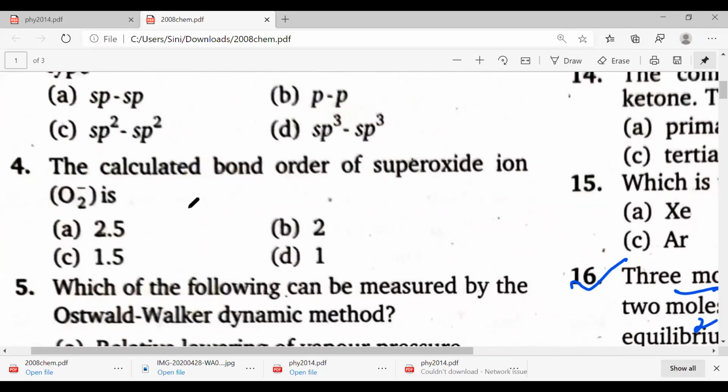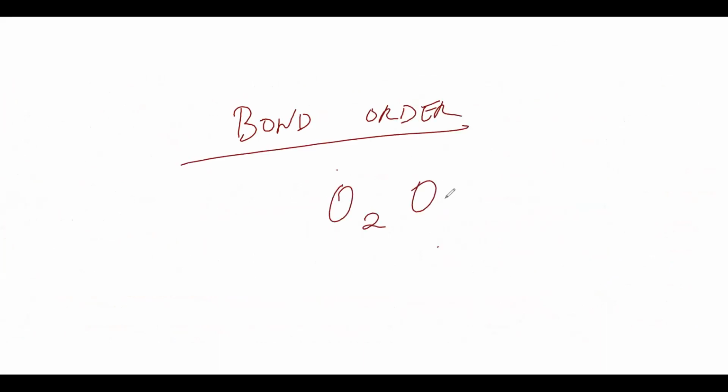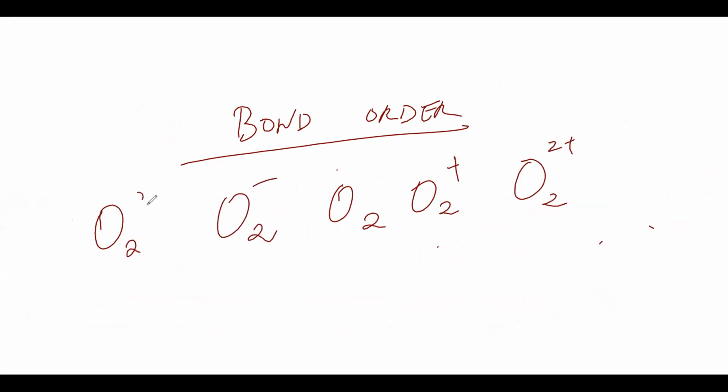The calculated bond order of superoxide ion O2 minus is how much? Bond order they told us to find. Write down O2, O2 plus, O2 2 plus, O2 minus, O2 2 minus.